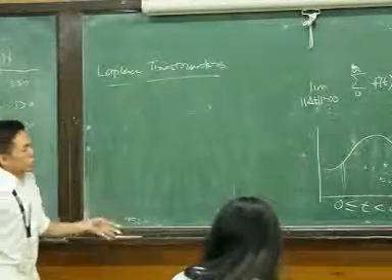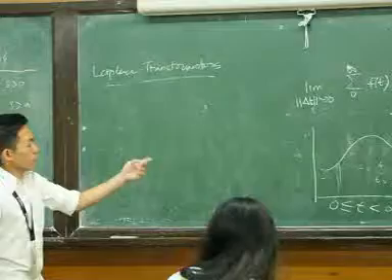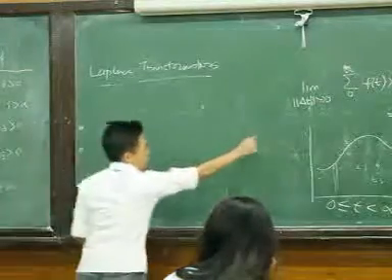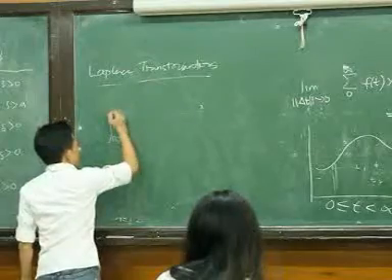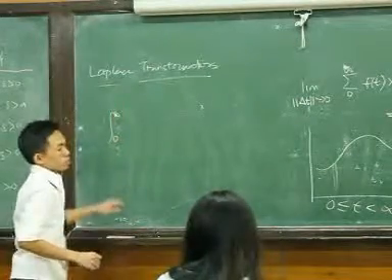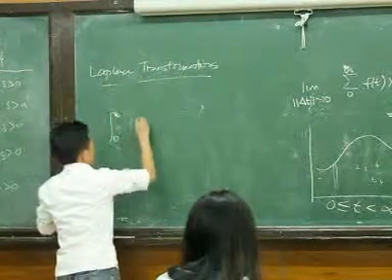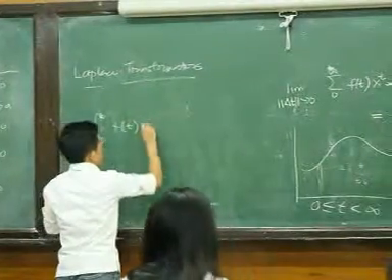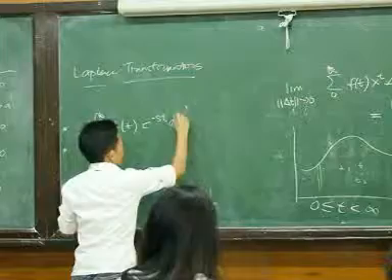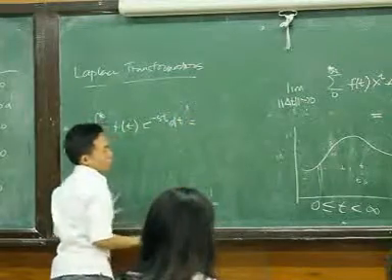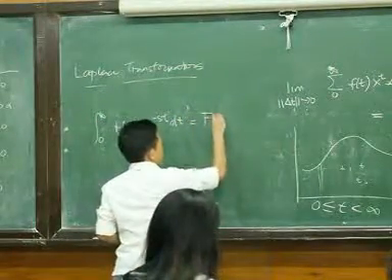Well, if you substitute it, then this equation will become the integral from 0 to infinity of f of t e to the negative st dt, which is a function of s.